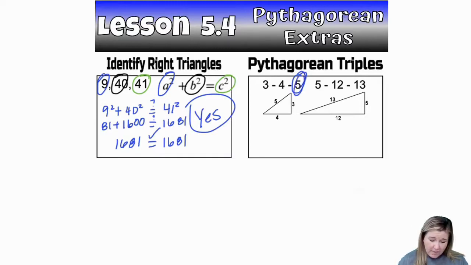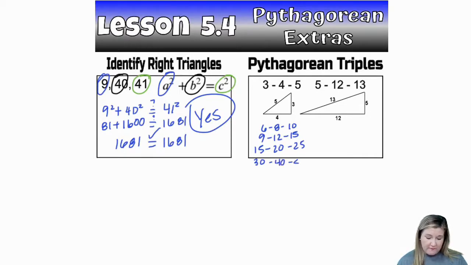So 3, 4, 5 is going to make it. If I multiply by 2, that'd be 6, 8, 10. Multiply by 3, 9, 12, 15. Multiply by 5, 15, 20, 25. Multiply by 10, 30, 40, 50.